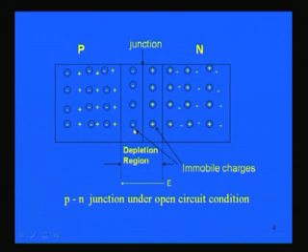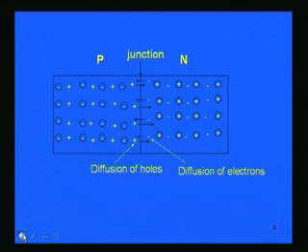Then, because of the recombination of these charges, the acceptor ions on the p side and the donor ions on the n side will now be surfaced out. Surfaced out means they are now uncovered, because earlier every acceptor ion had a hole, which is positively charged, along with it, so charge neutrality was maintained.